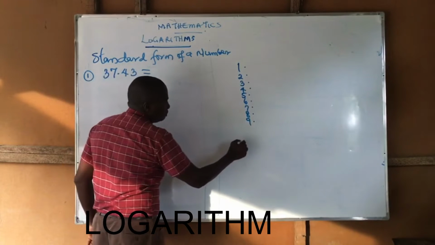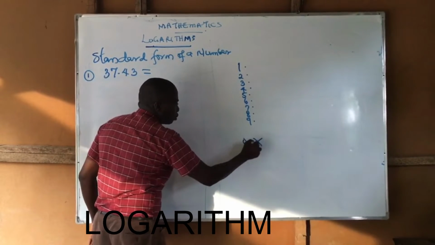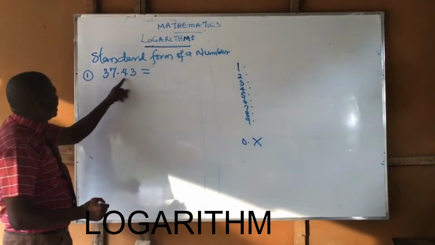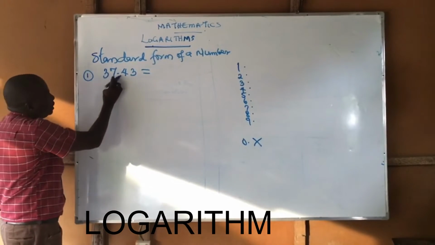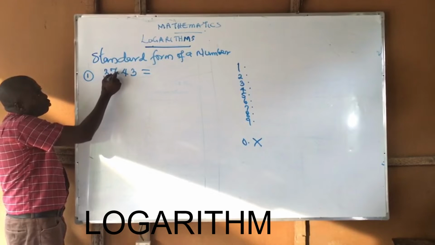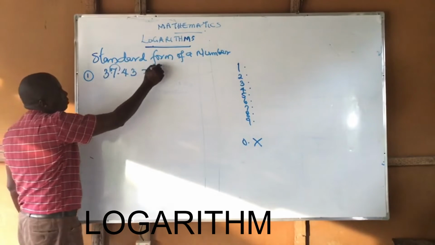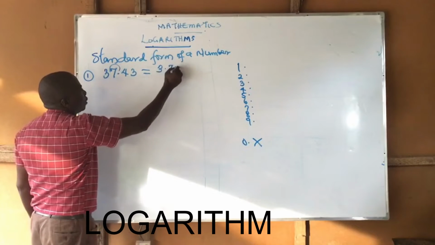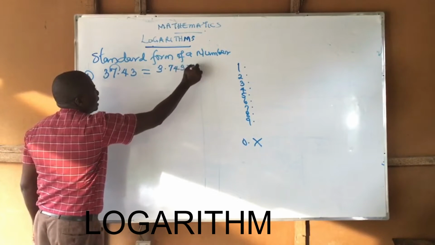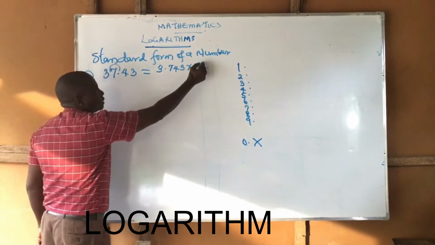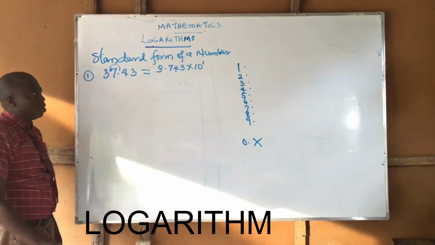It cannot be 0 point. This is wrong. It must be a digit point. Looking at this, we are having 2-digit point, so it means that the decimal point will be shifted backward once. So that will be 3.743 times 10. It must be times 10 raised to power the number of times we shift the decimal point backward, once.